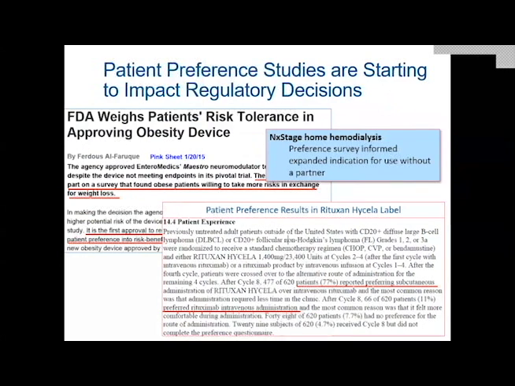This last one is actually fascinating. It's a little different than the preference surveys I've shown you so far. So a drug called Rituxan had a preference study as a primary endpoint. And this is unusual. It's very rare that a preference question be used as an endpoint, but it was.